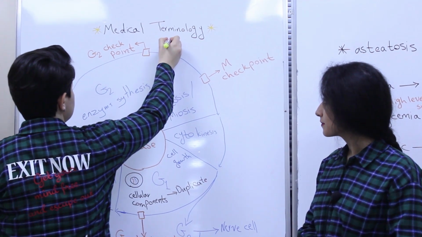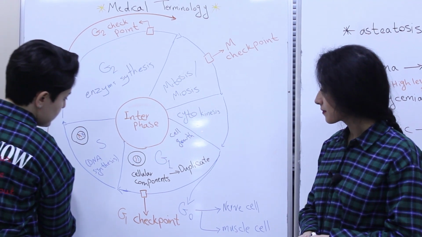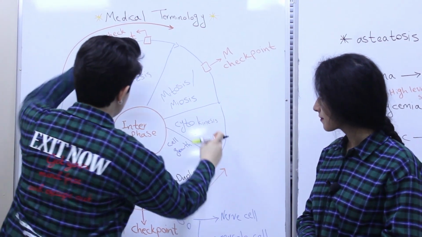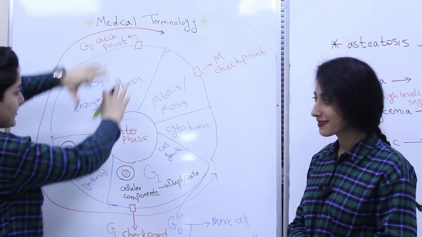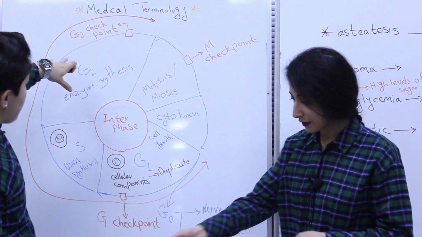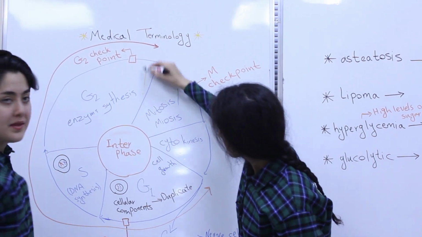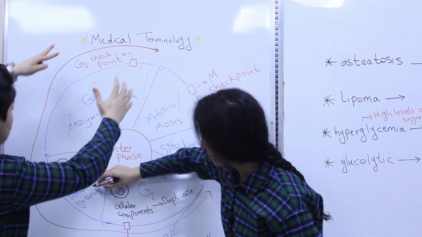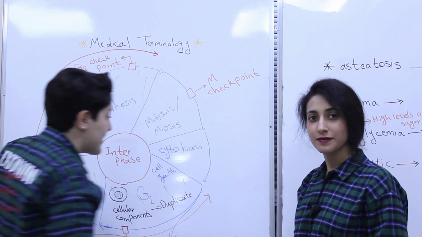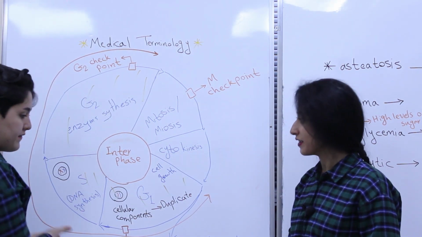It starts from here, and contains also G1. Imagine this cell life cycle looks like a pizza. The most important and largest part belongs to the interphase.